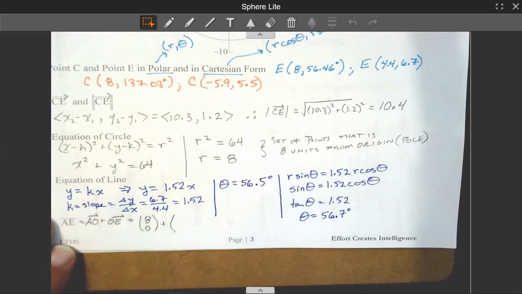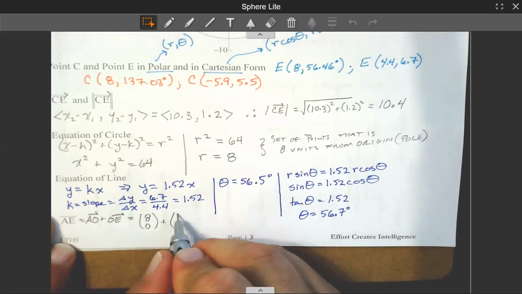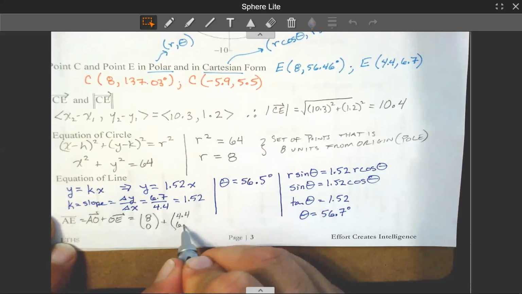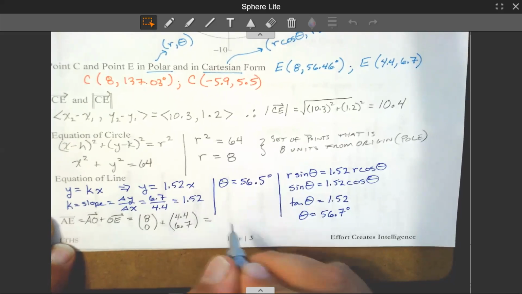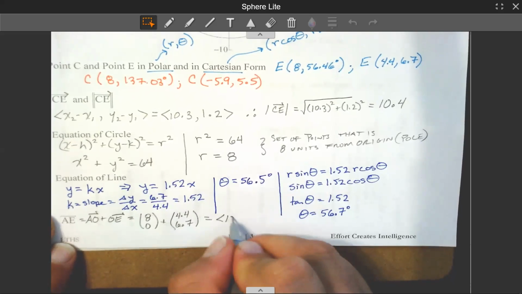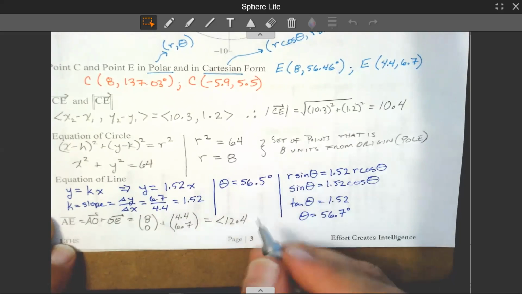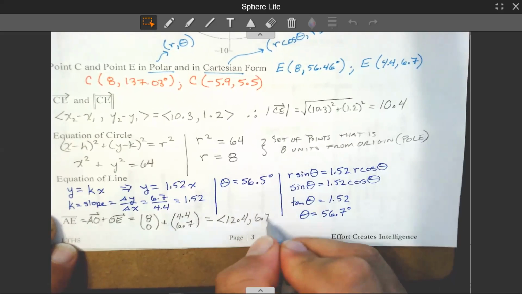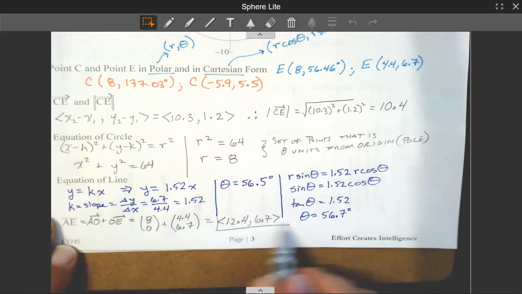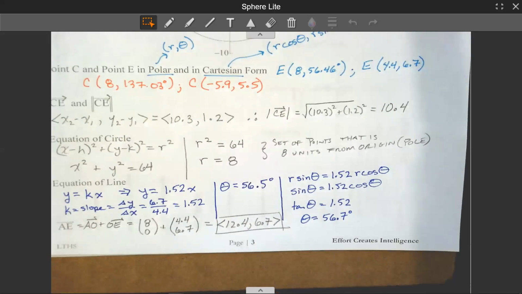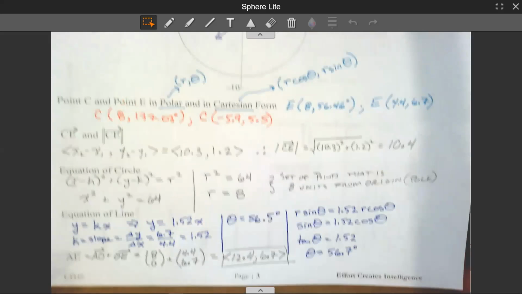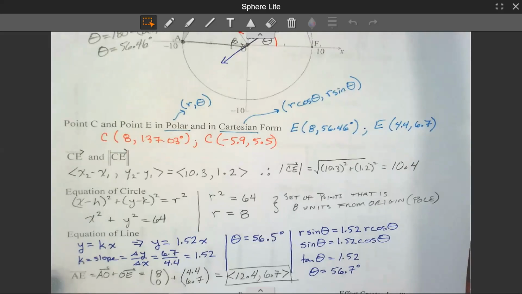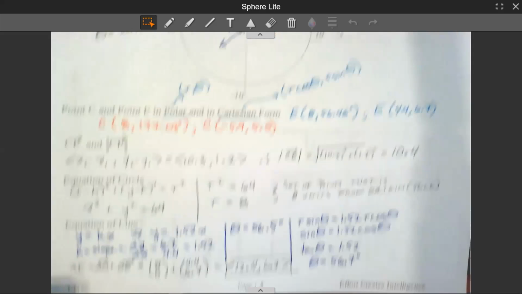The motion from O to E is 4.4 in the x and 6.7 in the y. And so our result in component form would be <12.4, 6.7>. Okay. So that's a little bit of application of the various items with polars and Cartesians and vectors.